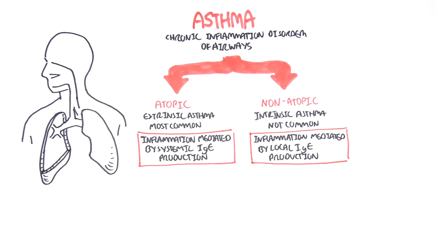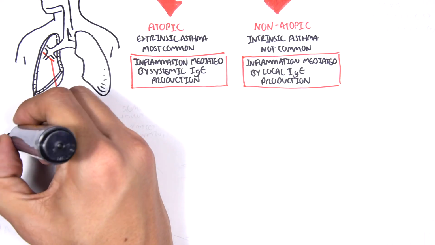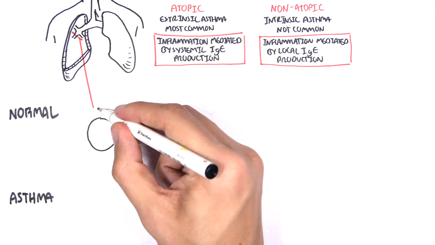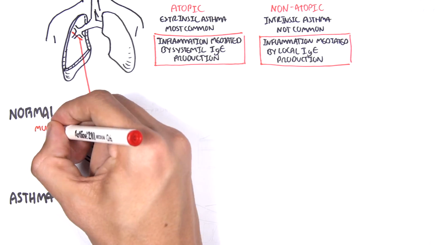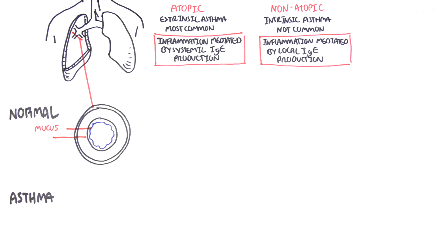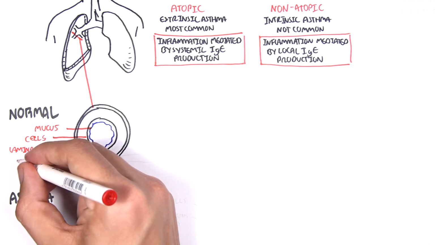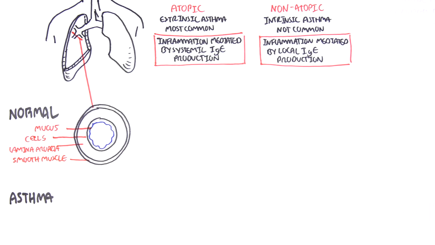So now let us look at a cross-section of a normal lung, the bronchioles of a normal lung. So here we have the mucus layer, and we have pseudostratified epithelial cells, we have the lamina propria, and we have the smooth muscles surrounding all this. So that was normal.